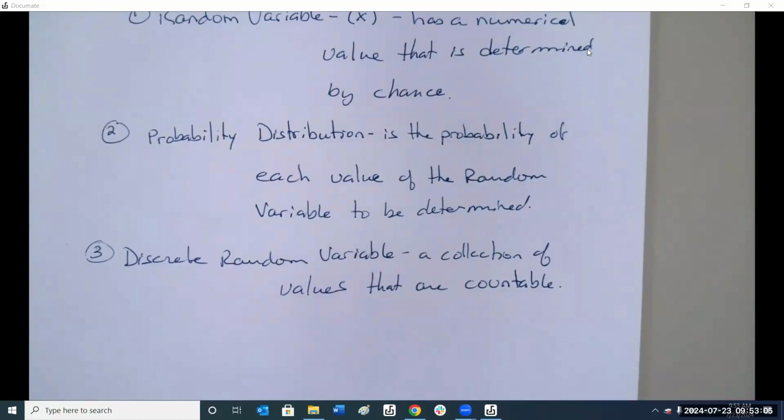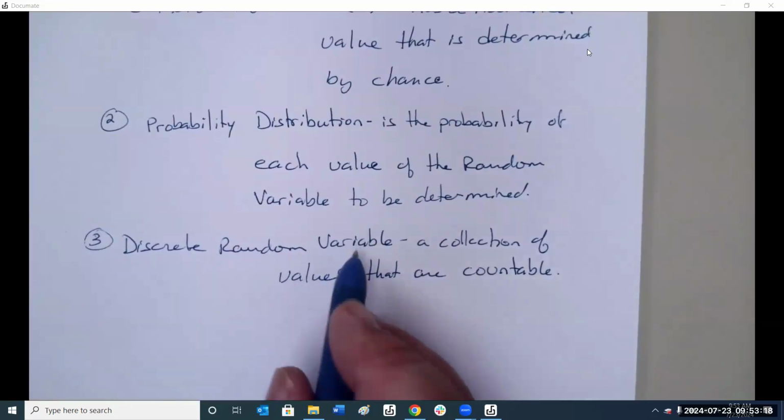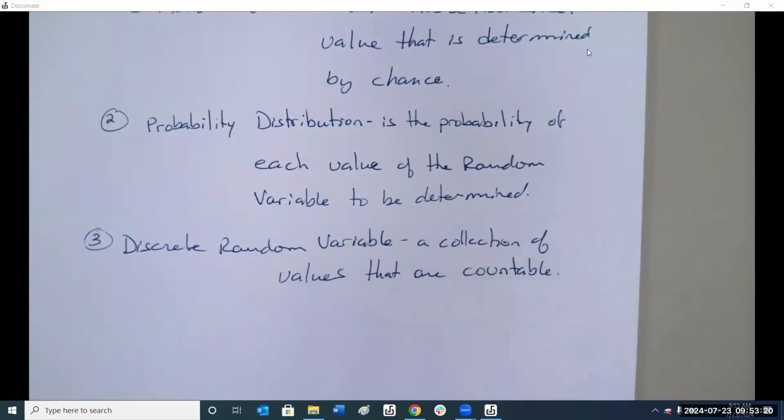What countable means is it has an end. It doesn't go to infinity. We can count up to 1,000. We can count to 1,000,000 even, but we can't count to infinity. So a discrete random variable is a collection of values of our random variable that are countable.